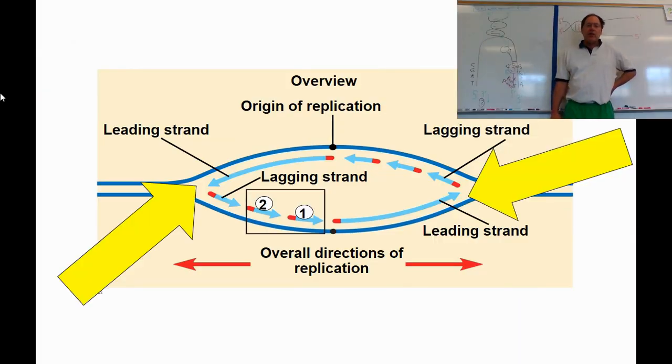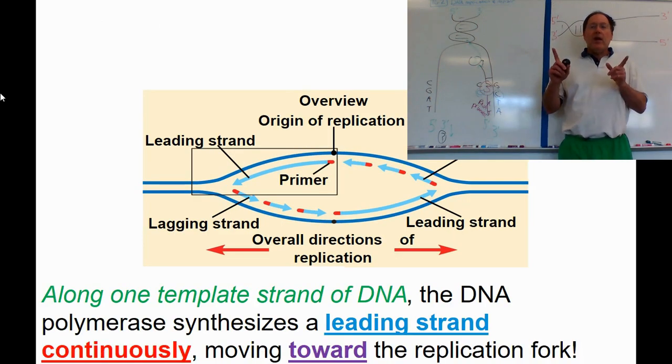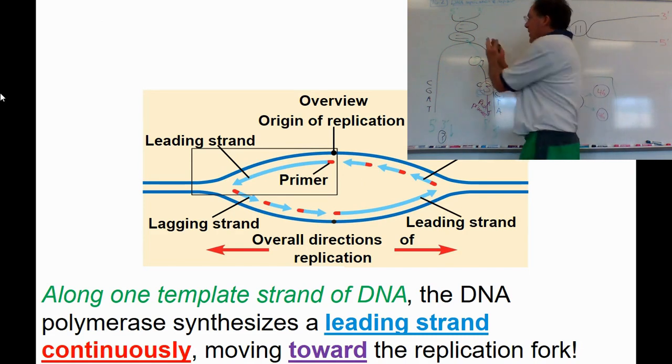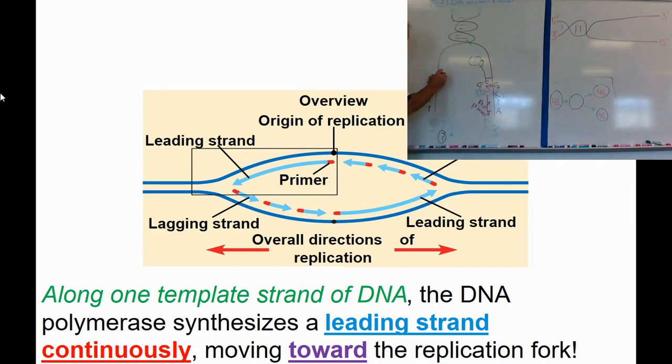He's a Japanese researcher. You can again see the replication forks here. And he figured out that on the other side, the DNA was copied in a backwards fashion away from the replication fork. So the point is, as this fork opens, you get small chunks of DNA here, and then a small chunk of DNA here, which is complementary to this parent strand of DNA.